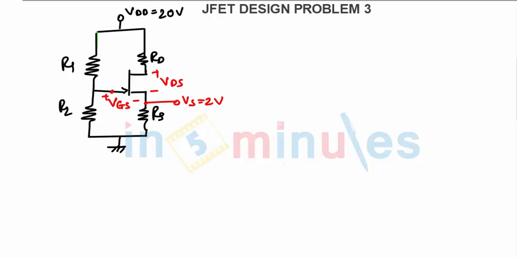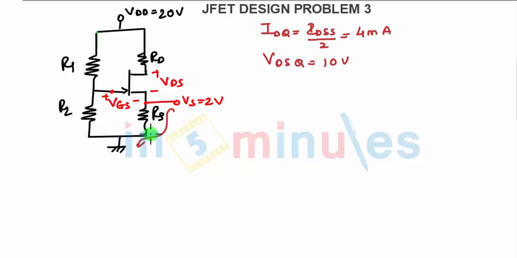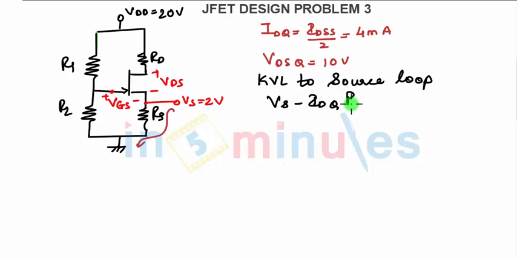Right. Now the value of IDQ is given as IDSS by 2. We have found IDSS is 8 milliamperes, so we have found 4 milliamperes, and VDSQ is half of VDD, that is 10 volts. So when you apply KVL in this loop, we can find the value of RS. KVL to the source loop, what will be the equation? VS minus IDQ into RS equals 0.